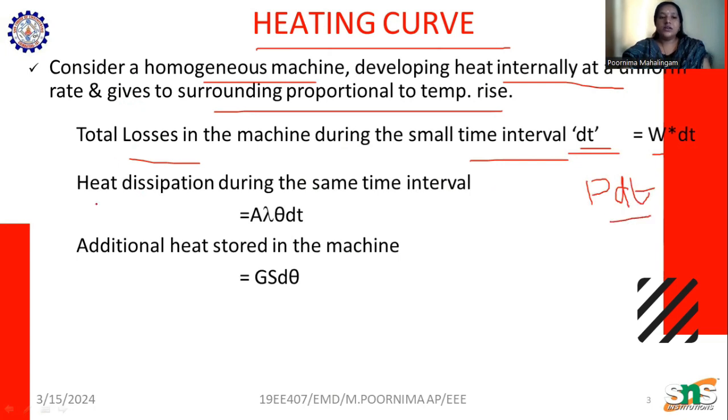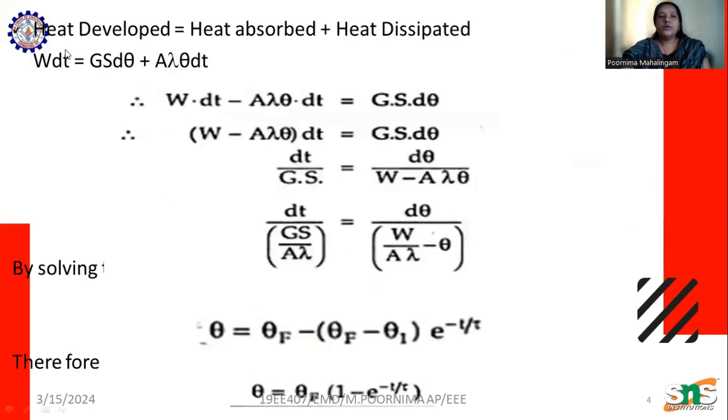The heat dissipation during the same interval is A times gamma times theta, and the additional heat stored in the machine is G into d theta. This is the heat dissipation formula, and this is the heat storage formula. The heat developed is equal to the heat absorbed plus the heat dissipated.